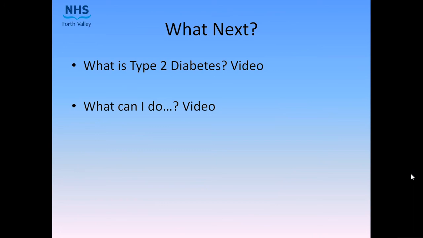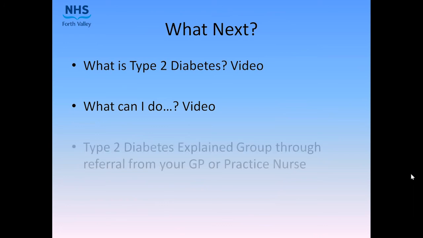This can help you understand your diabetes and provide support and guidance on how to manage your diabetes. You can be referred through your GP or practice nurse, and we can ensure that you get the right information to make the right decisions for you.